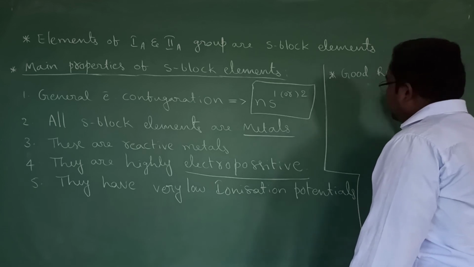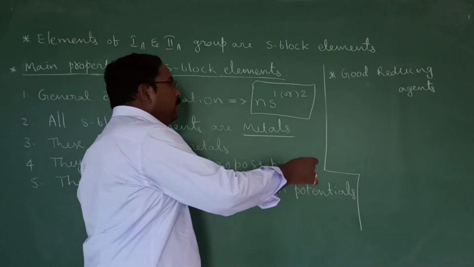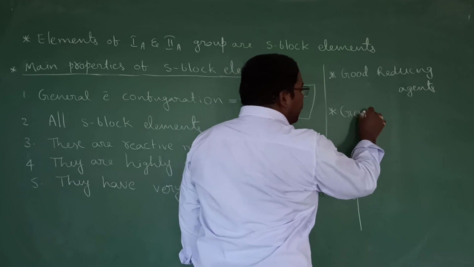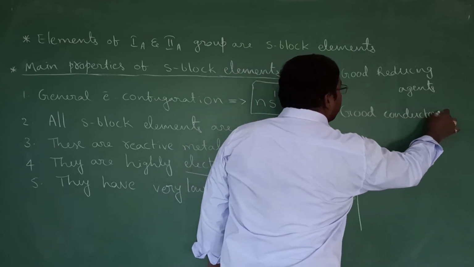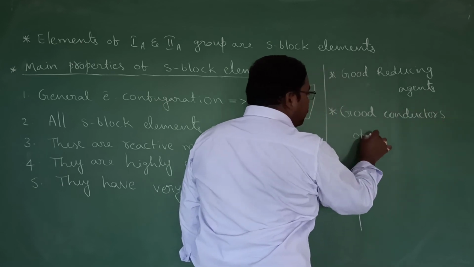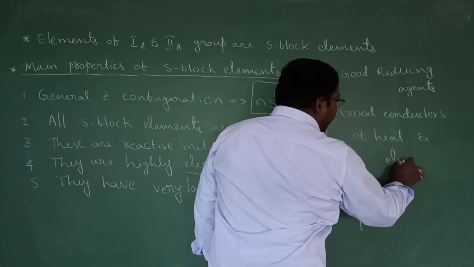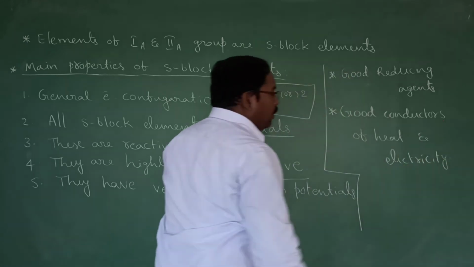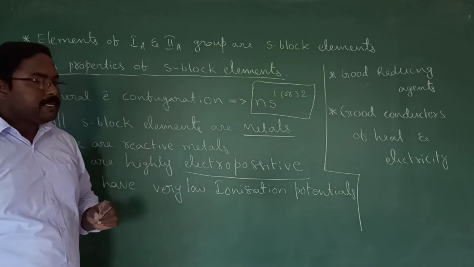S block elements generally act as strong reducing agents, and as these are all metals, they are good conductors of heat and electricity.